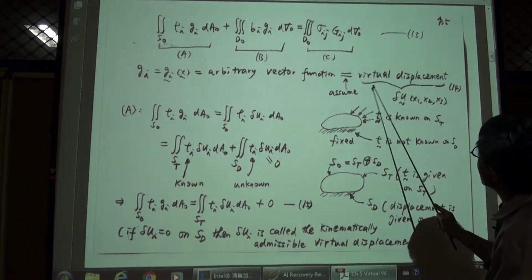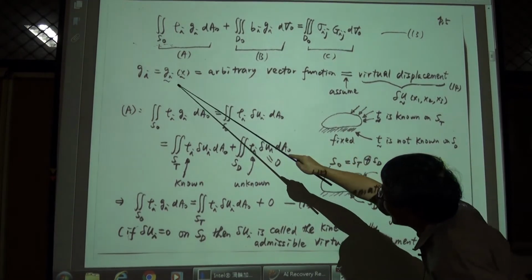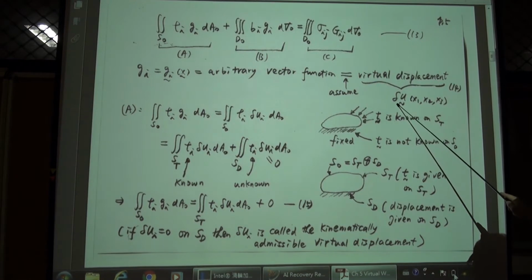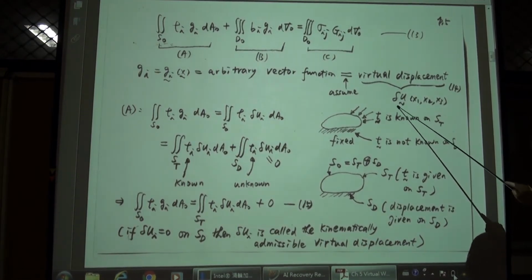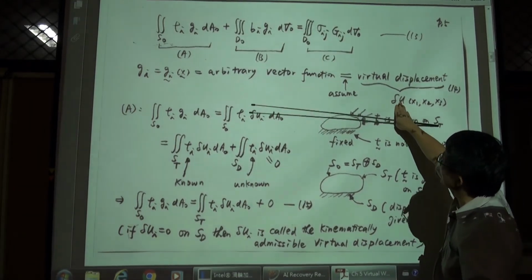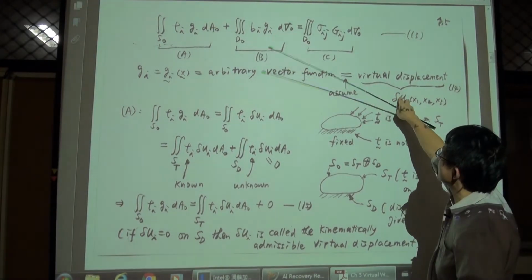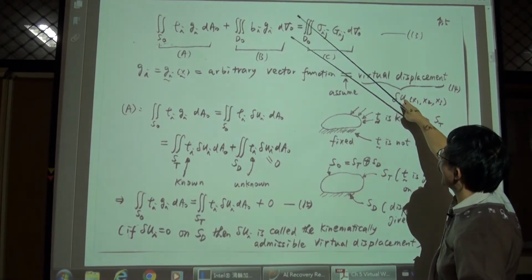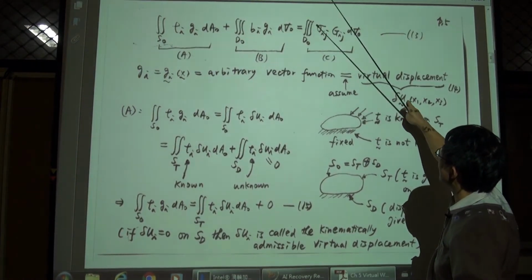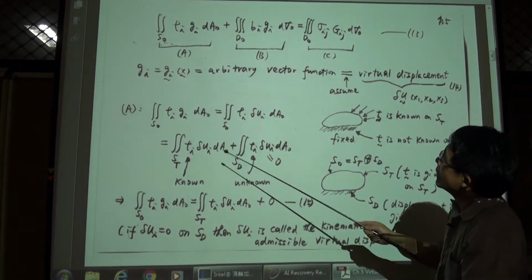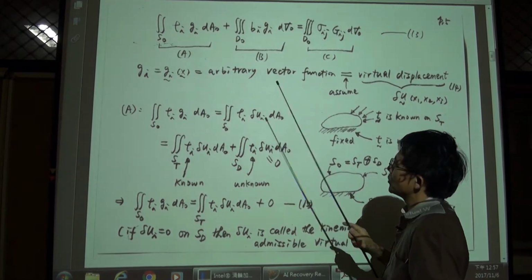We can assume that this is the virtual displacement, and replace Gi by delta u. Of course this is a vector, but we are talking about a component, so for consistency we should say that this is delta ui. I wrote something wrong, so fix it: erase this part and put an i here. And now this one equals Ti delta ui.